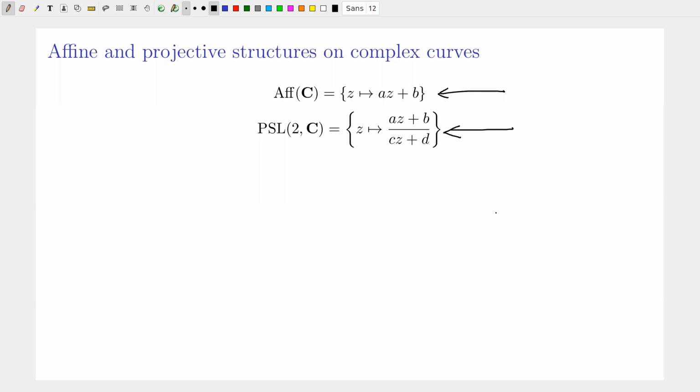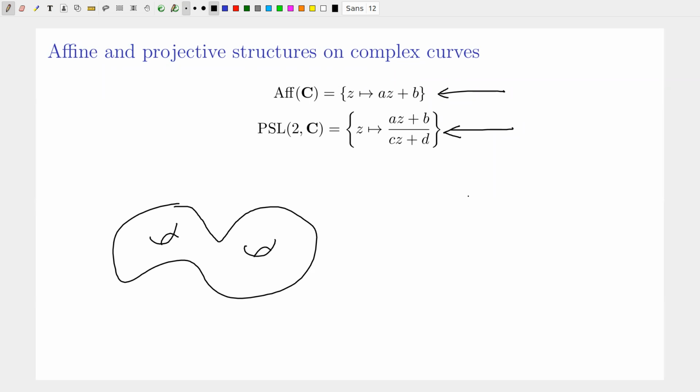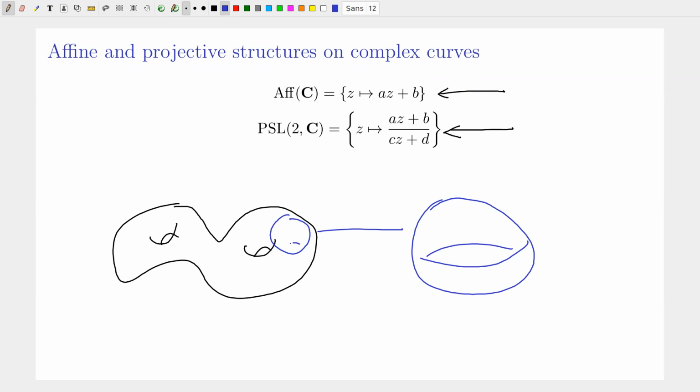And if we have a curve, we can say that the curve is endowed with a projective structure if we have an atlas taking values in the complex projective line, such that if I have two different charts, then the difference is given by a fractional linear transformation.